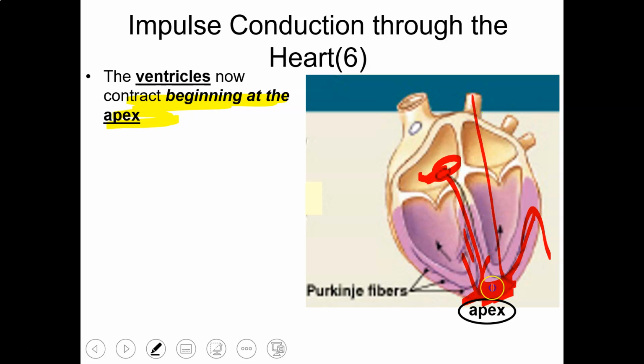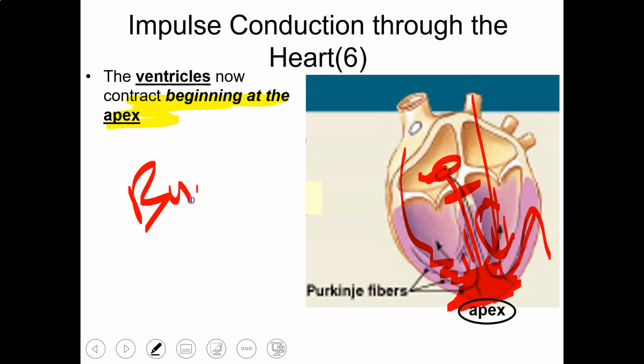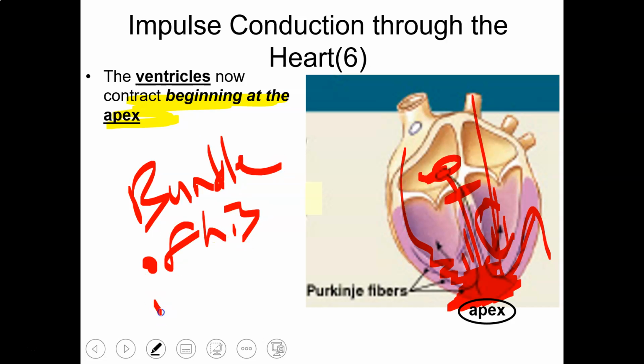You want the heart to start contracting here and squeeze blood up and out. You don't need it to start here because then blood would have to go down and then come back around, and that's stupid. So the heart starts contracting at the apex because that bundle of His is in the fibrous skeleton of the heart.